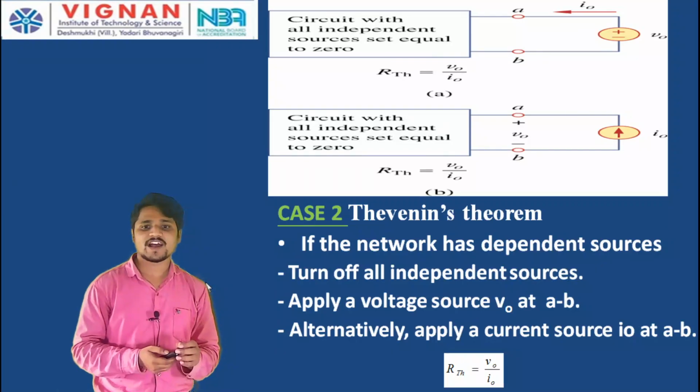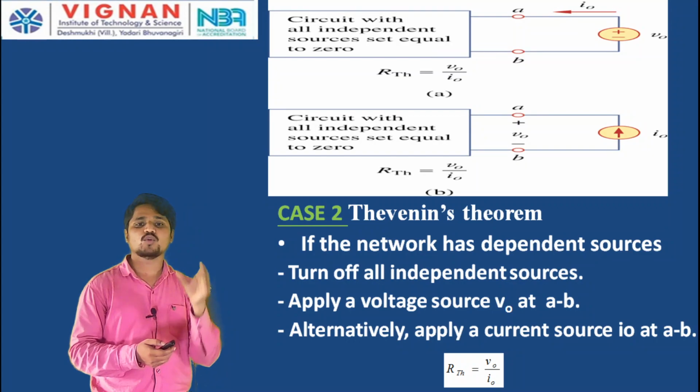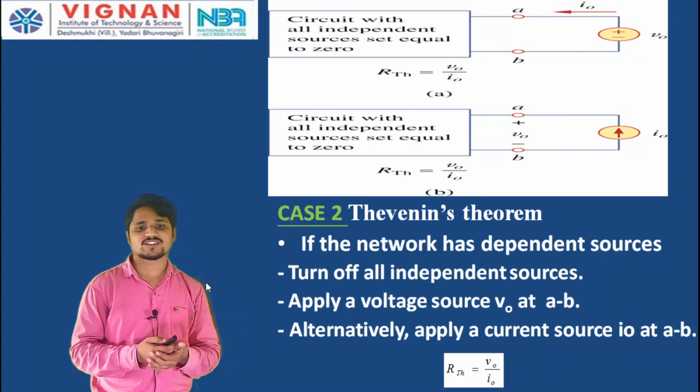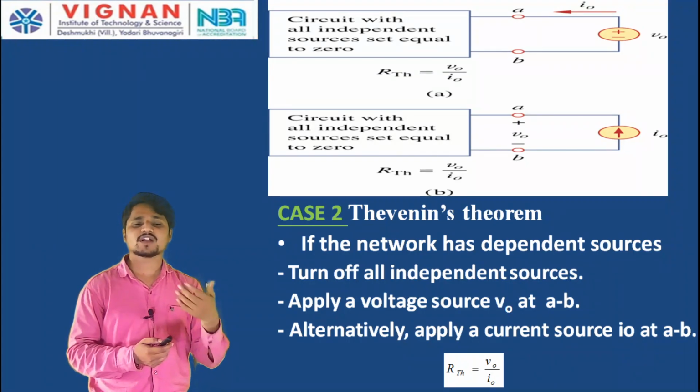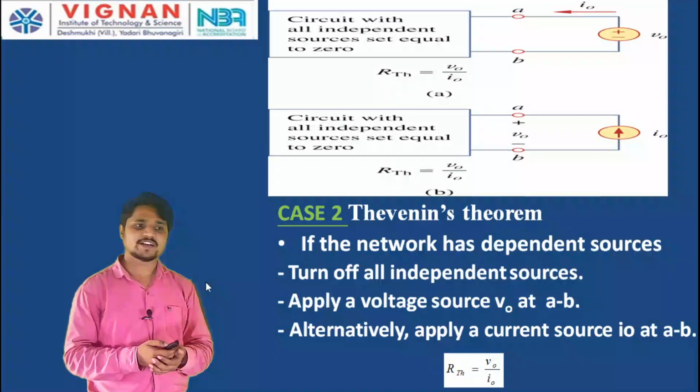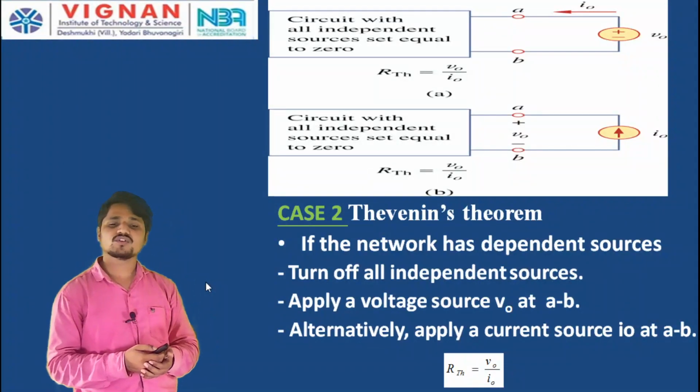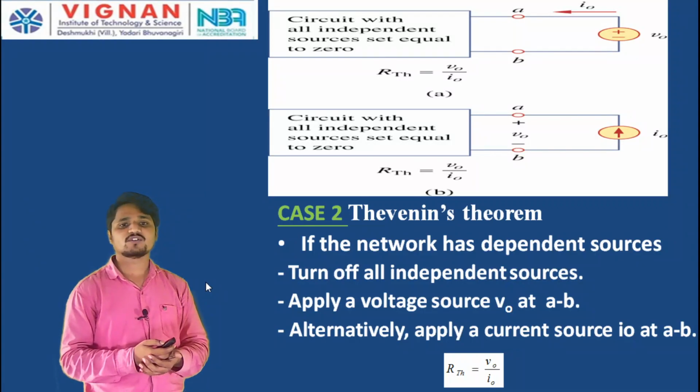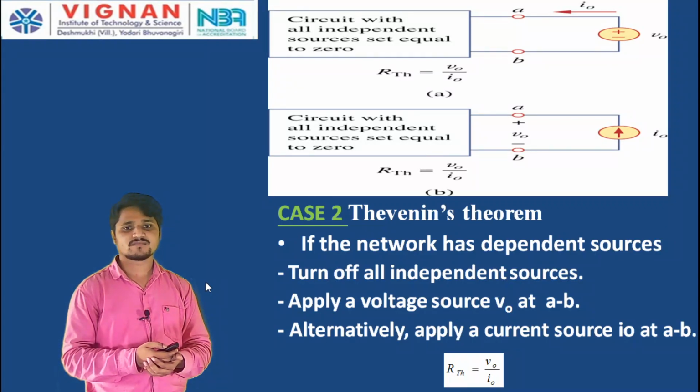If the network has dependent sources, we have to turn off all independent sources. Whether it is a voltage source, make it a short circuit, and whether it is a current source, make it an open circuit, to find the Thevenin's resistance.